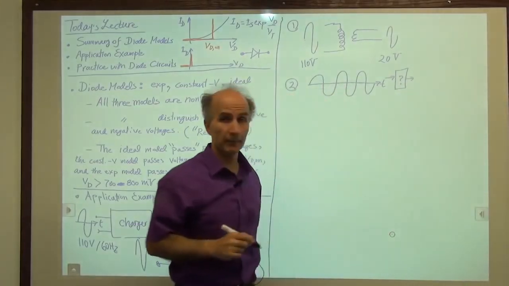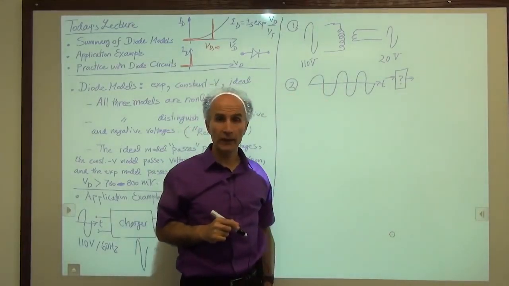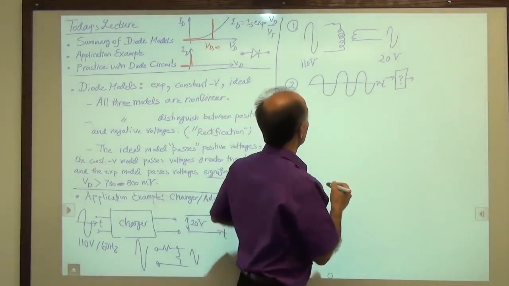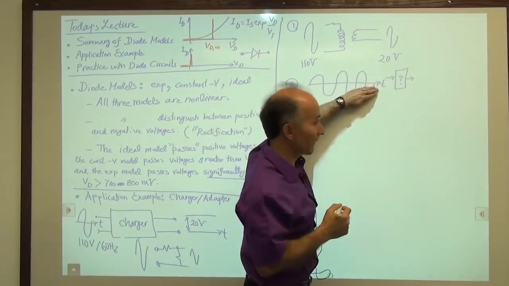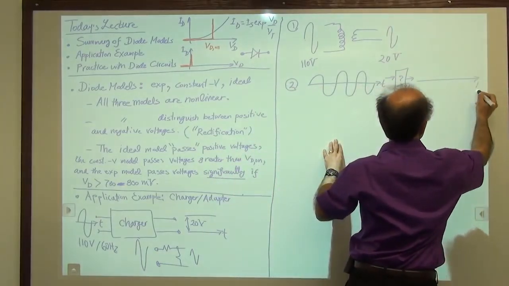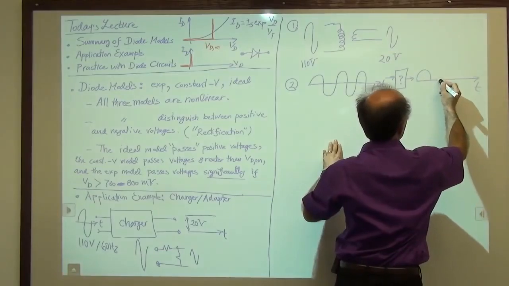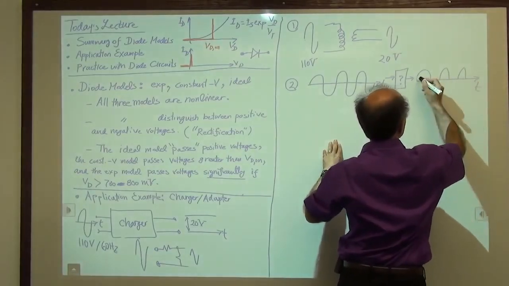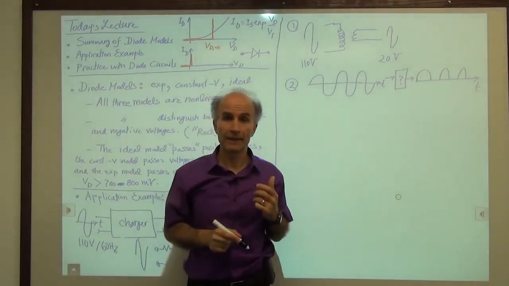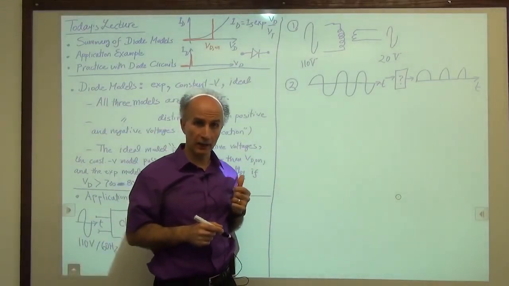And what comes out of this black box has only positive half cycles. So we get rid of these negative half cycles. So now what we have on this side has only positive half cycles. Isn't that interesting?